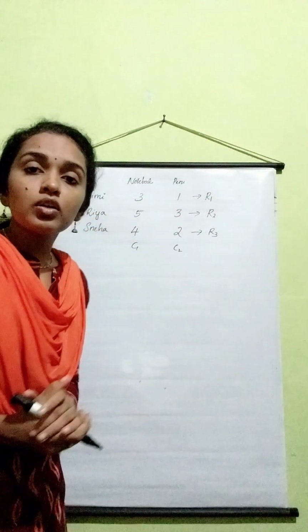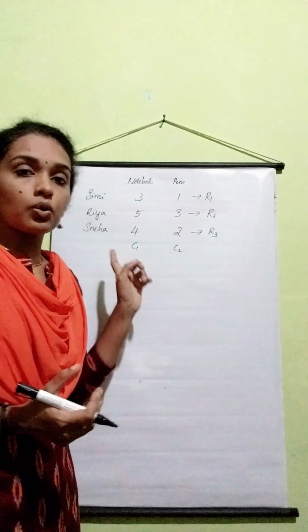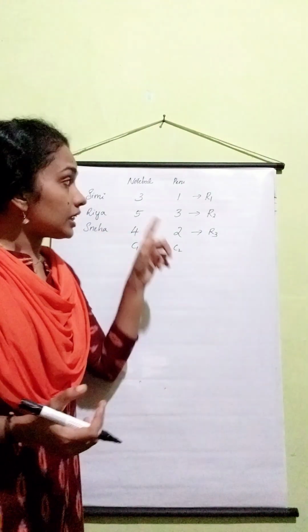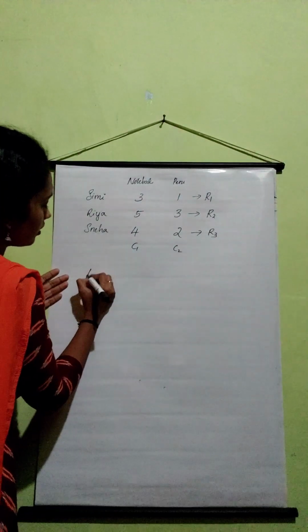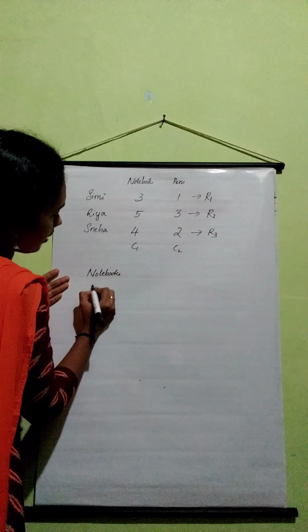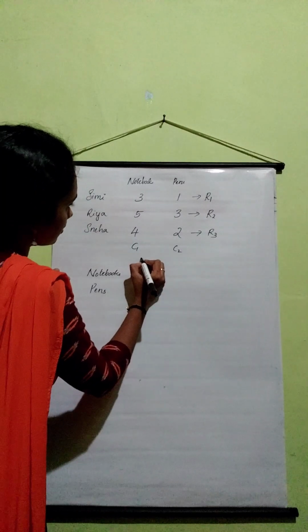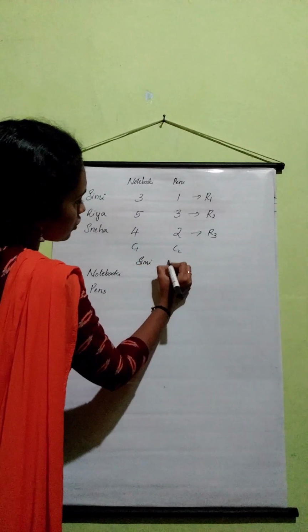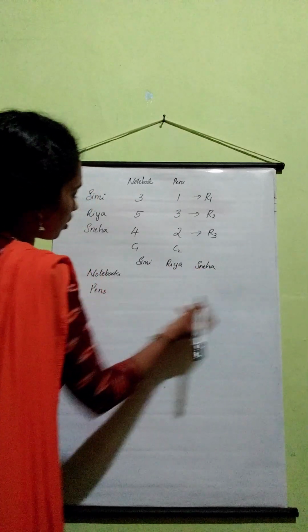The same table can be expressed in another form by interchanging the rows and columns. By interchanging the rows and columns, we get another table, making notebooks and pens the rows and the names of the students the columns.